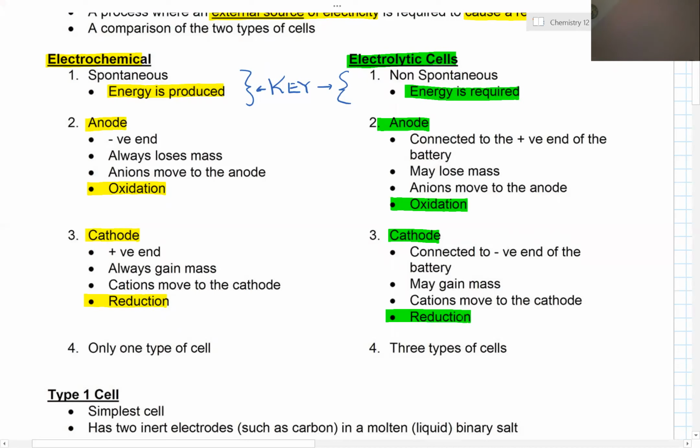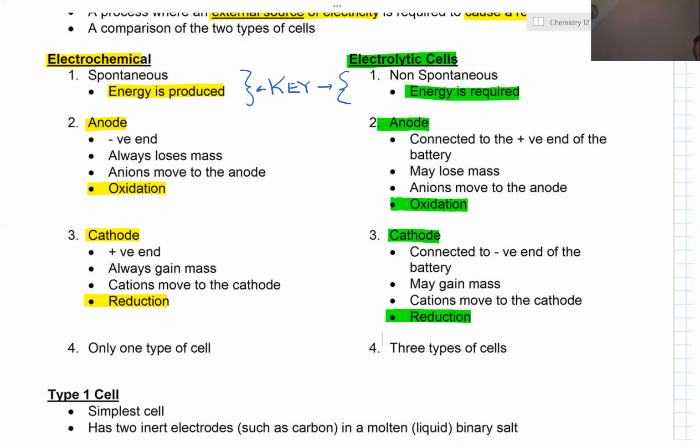All the other bullets under those categories are secondary, okay? How you obtain oxidation and what the results are differ depending on the electrolytic or electrochemical cell. But the key thing is the anode is always oxidation, the cathode is always reduction.